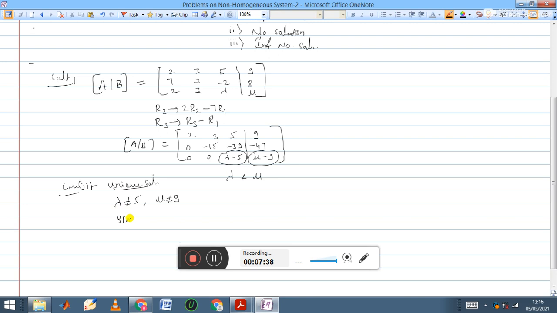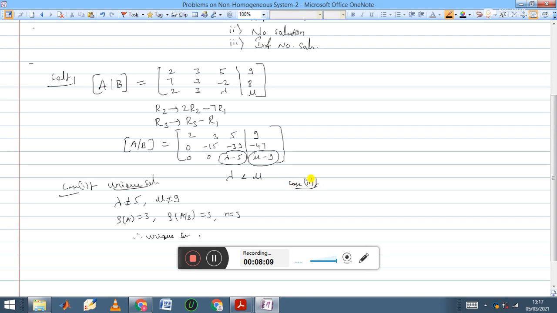Rank of A is 3, then rank of AB is also 3 and n value is 3, the number of unknowns. So in this case it is giving unique solution.